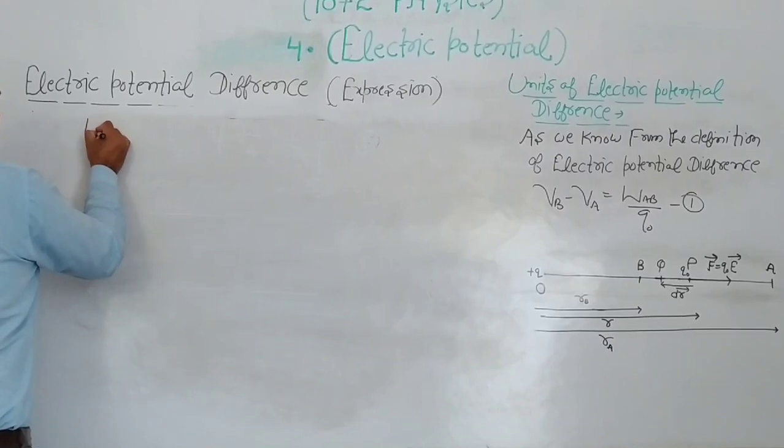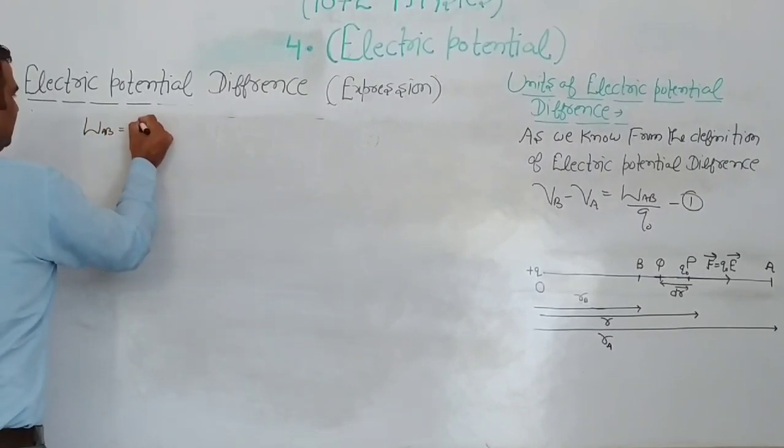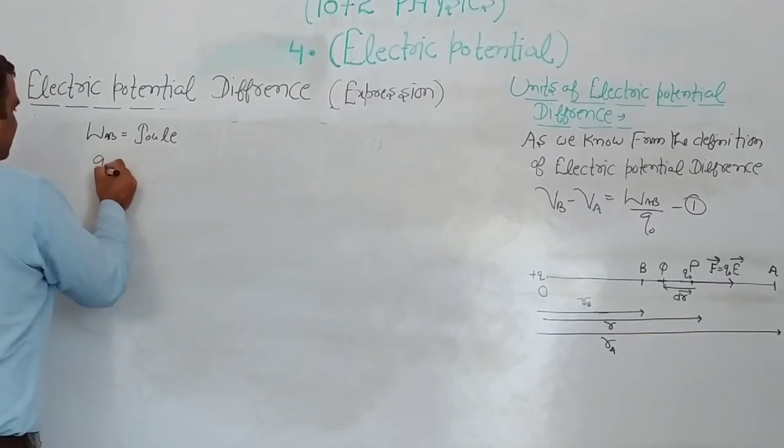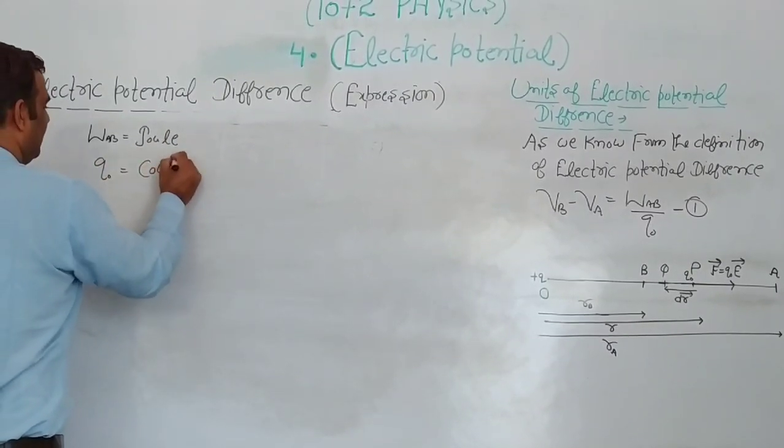as we know, the unit of work is joule and the unit of charge is coulomb.